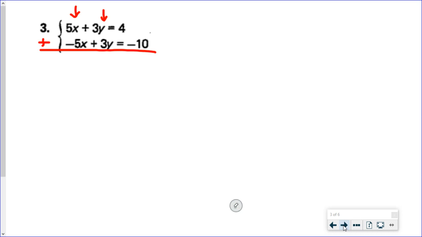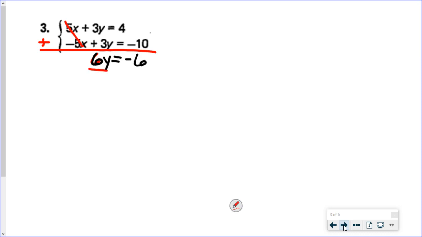Okay, so now look, if I have a positive 5x plus a negative 5x, that gives me 0x. That's gone. Then a positive 3y plus a positive 3y gives me 6y, equal sign still there, and 4 plus a negative 10 is negative 6.